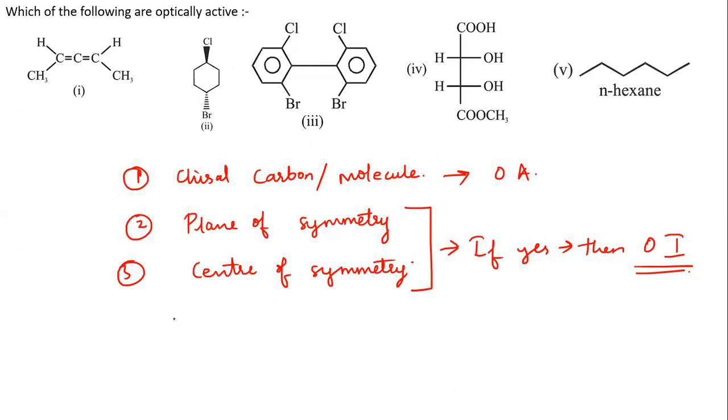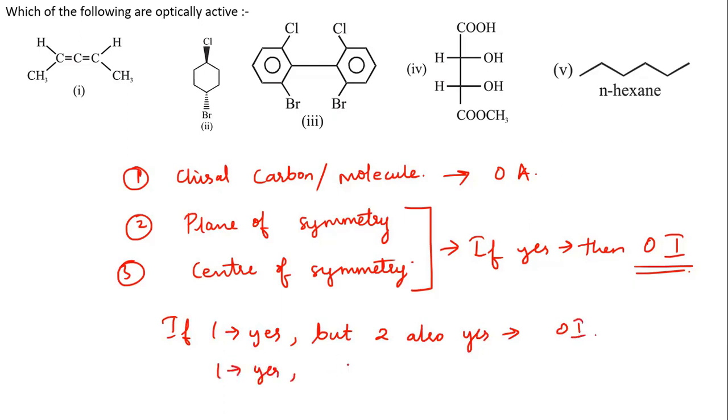So first thing, if one yes, but two also yes, then optically inactive. If one yes, two no, three yes, it's optically active, because we don't really care about center of symmetry. We only care about plane of symmetry.